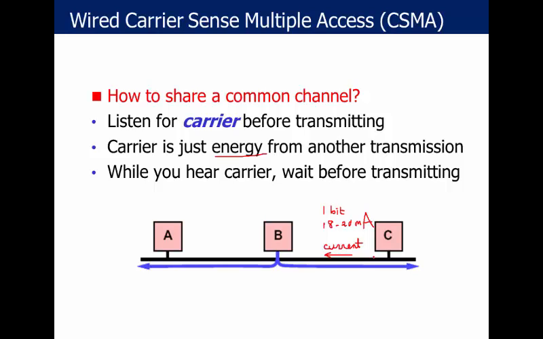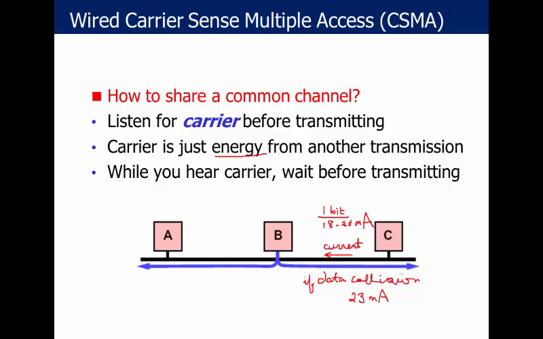If data collision occurs, this current will increase, usually to 23 milliamp.